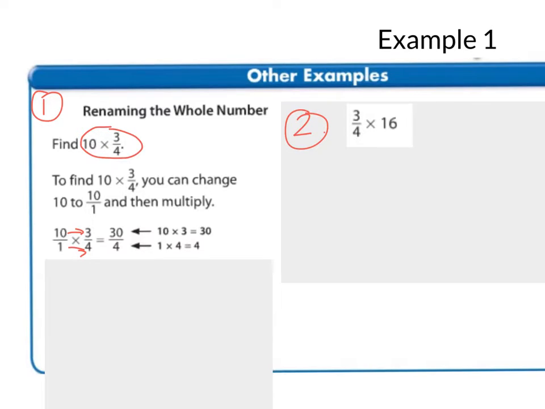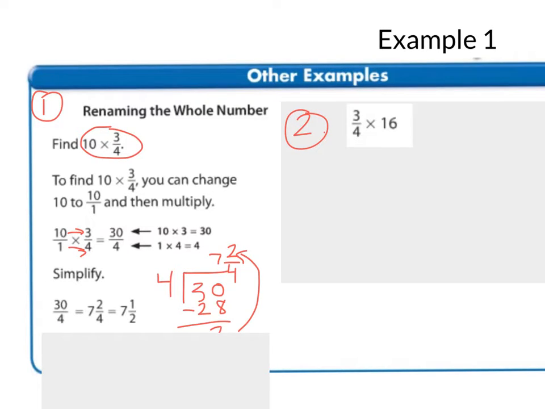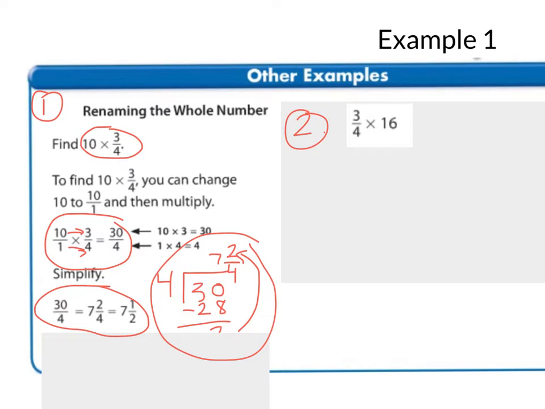How do I make it into a mixed number? So we made it into a mixed number like this, and then we have 7 2/4, and we simplified that. We can divide 2 and 4 by 2. We got 7 1/2, and that's our answer. And if something's circled in red, then you should have that written.